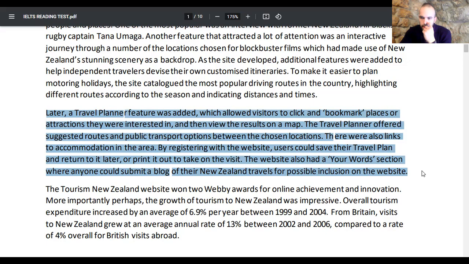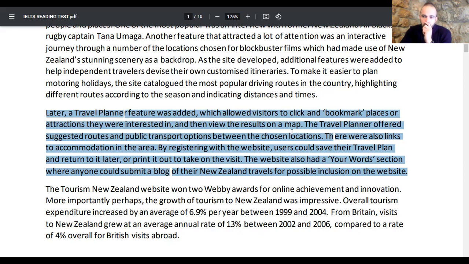So as you can see, it's starting from the beginning. It says later, a travel planner feature was added, which allowed visitors to click and bookmark places or attractions they were interested in, and then view the results on a map.